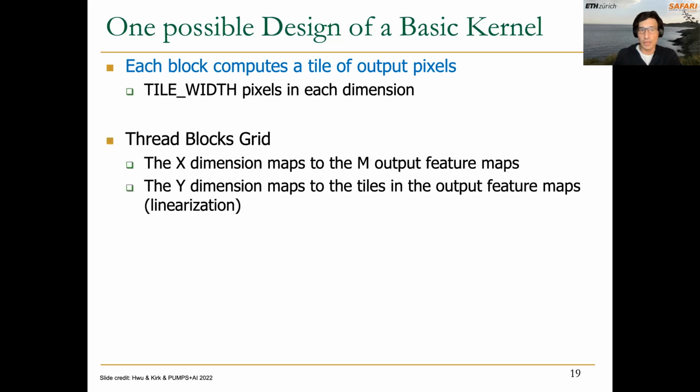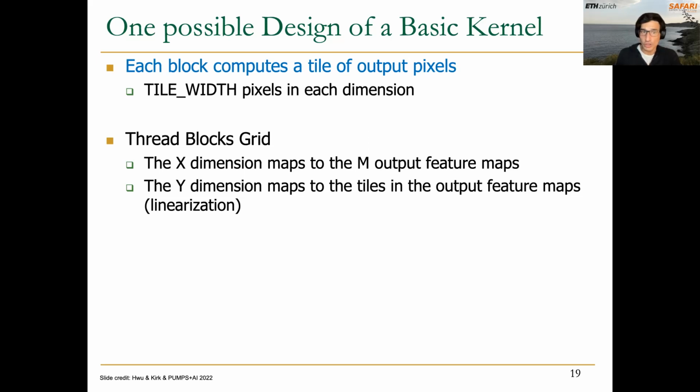The kernel is going to make use of a grid of thread blocks, and one potential way to map computation onto these thread blocks is using a 2-dimensional grid where the X dimension maps to the M output feature maps and the Y dimension maps to the tiles of each of the output feature maps.